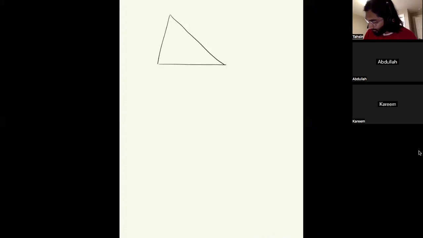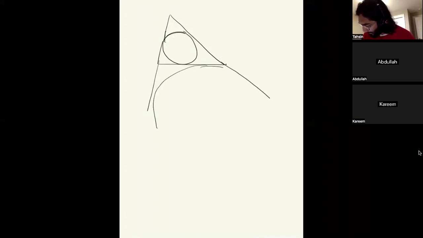We have a triangle, and we have its incircle, and then we have its excircle. These are imperfect pictures. So you have X and you have I, and then you have this altitude. We want to show that X, I, and the midpoint are collinear.